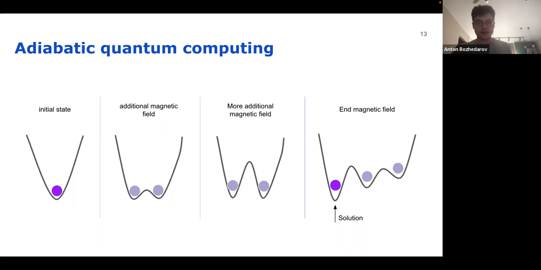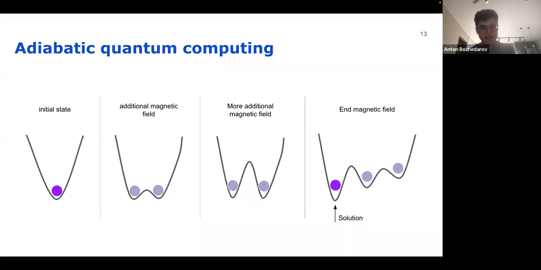So it corresponds to the minimum energy of the system in such a potential energy field. But when we add an additional magnetic field, for example along the z-axis, we will have additional energy levels. We will decrease the magnetic field along the x-axis to zero during the time of quantum system evolution, and we will be increasing the magnetic field along the z-axis.